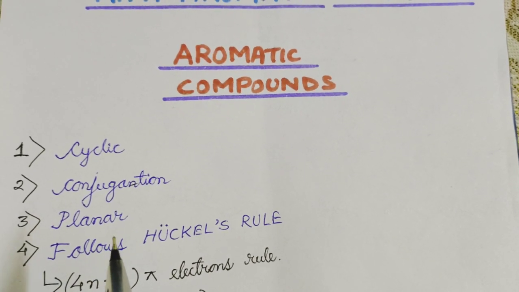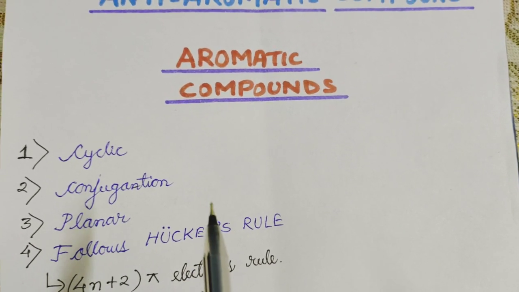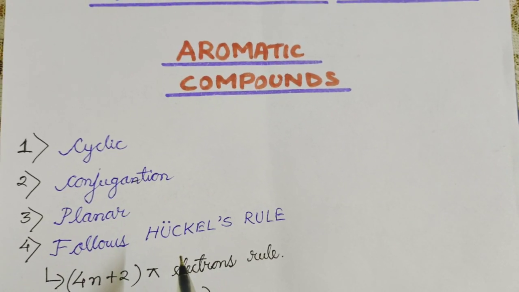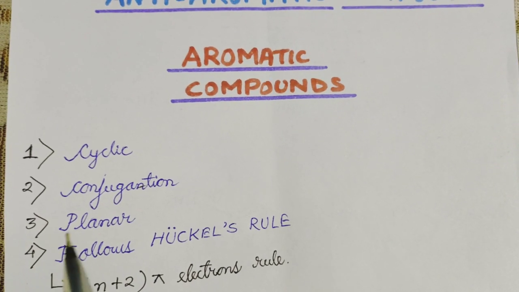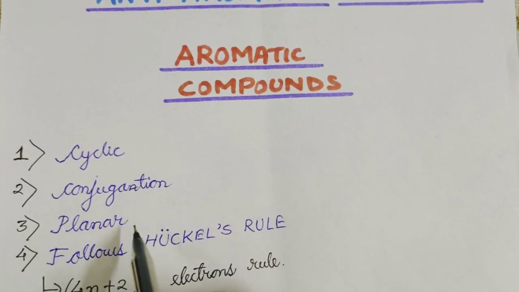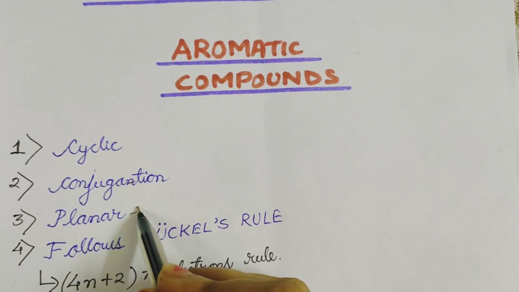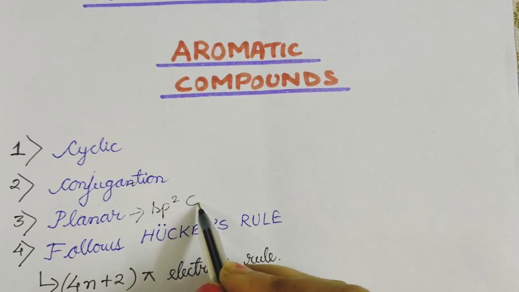And in organic compounds, we can't say just by seeing the 2D figure whether the compound is planar or not. To actually know whether the compound is planar or not, we have to see whether each carbon is sp2 hybridized or not.